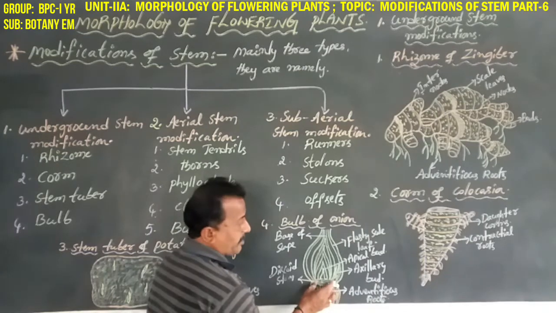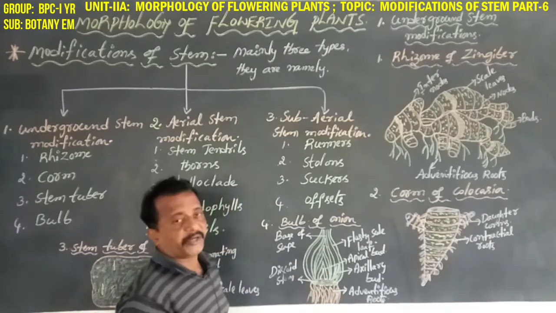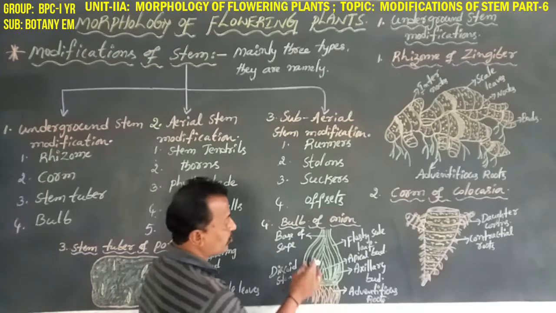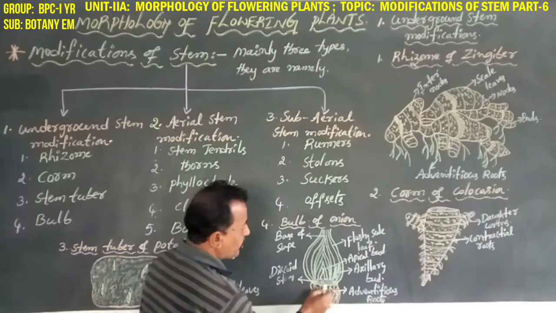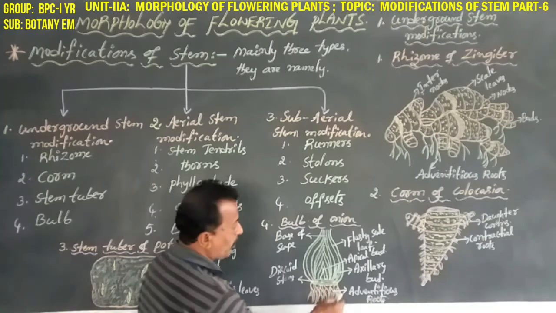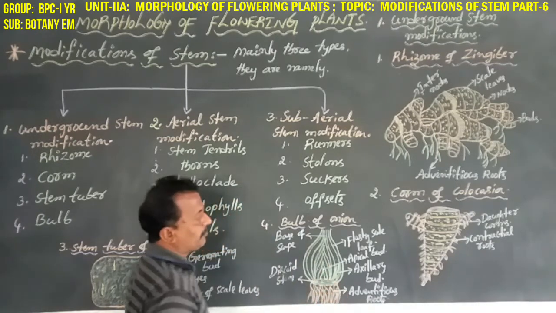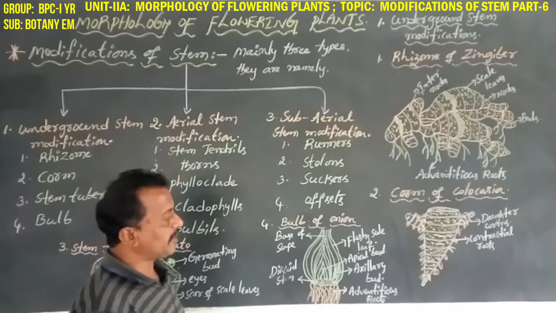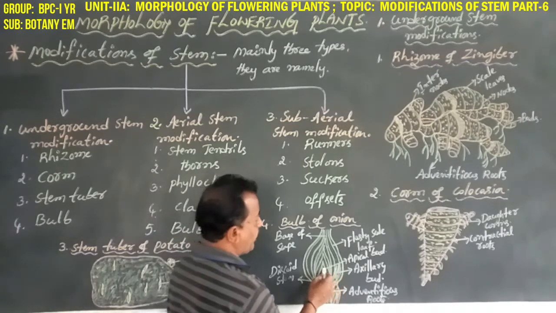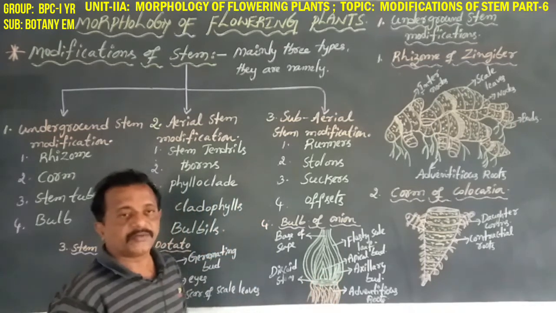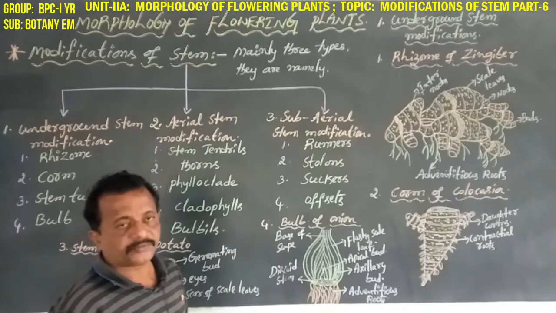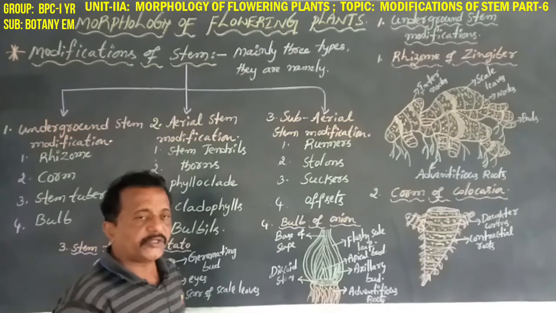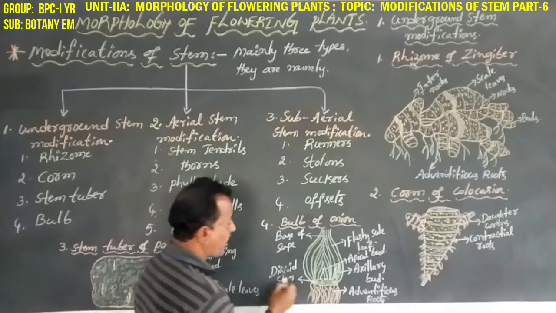Only the leaf bases store food materials. In this discoid stem, adventitious roots are produced below, and the leaf bases above, along with axillary buds and apical buds. Why? Because the stem is totally reduced to a small discoid stem.